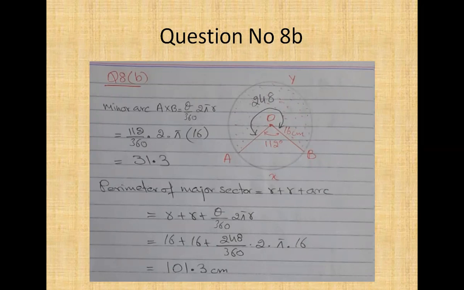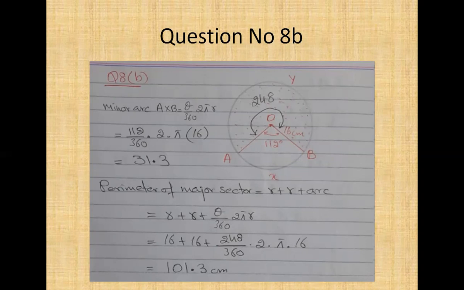Now the perimeter of the major sector is radius plus arc. And we don't know what is the angle subtended by the major sector. So from 360 I will subtract 112, so I will get 248. So the angle subtended by the major arc at the center is 248.